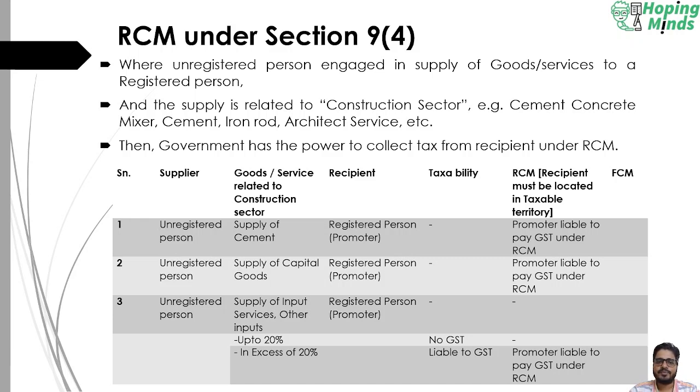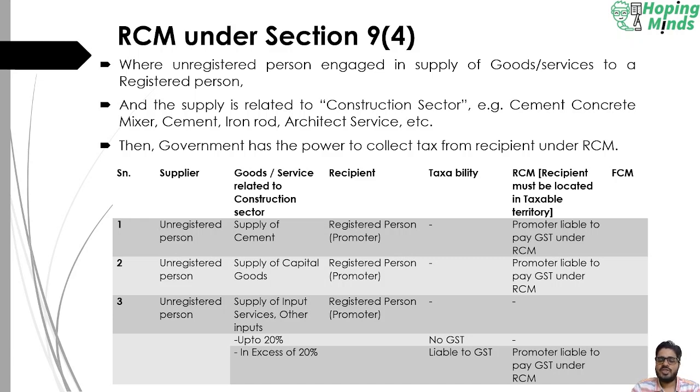Similarly, when an unregistered person supplies any capital goods in relation to a construction project to a registered person, then the promoter or the registered person will be paying the GST under the reverse charge mechanism on such capital goods.